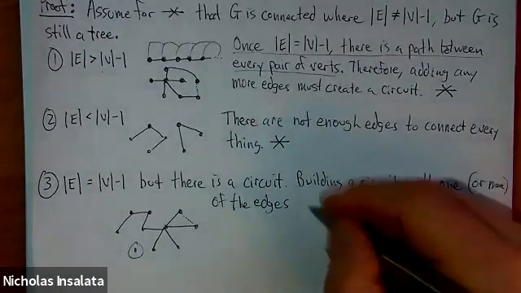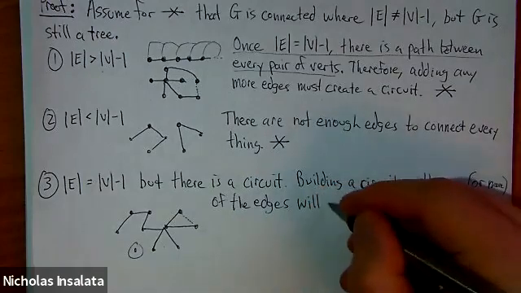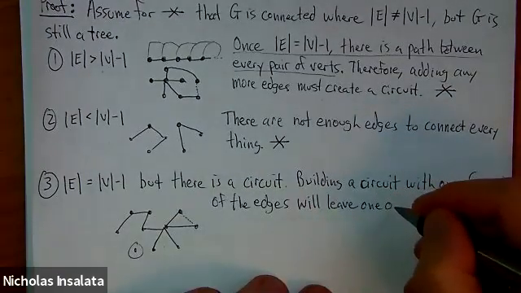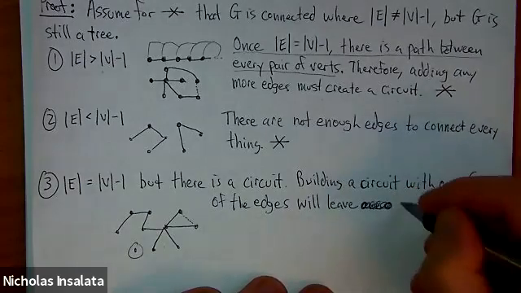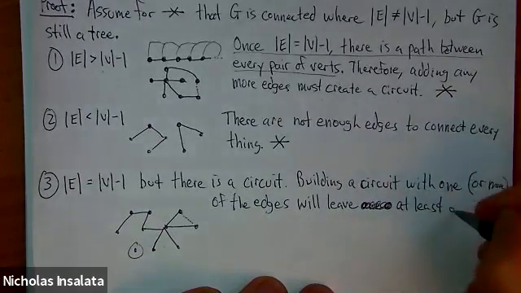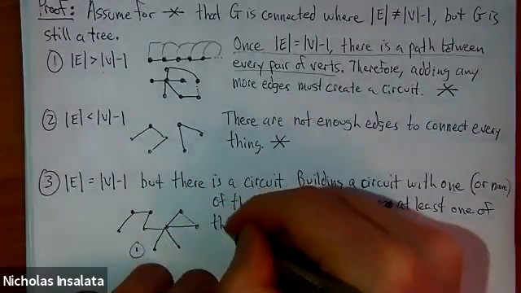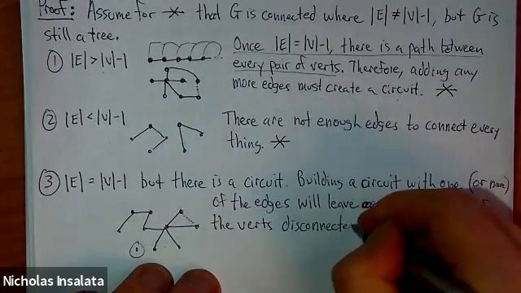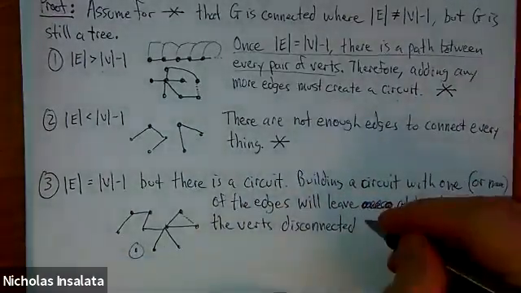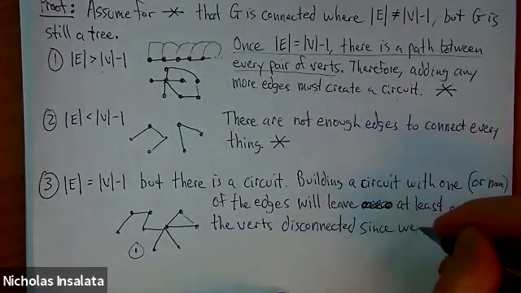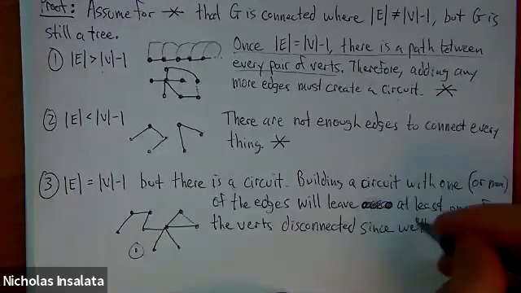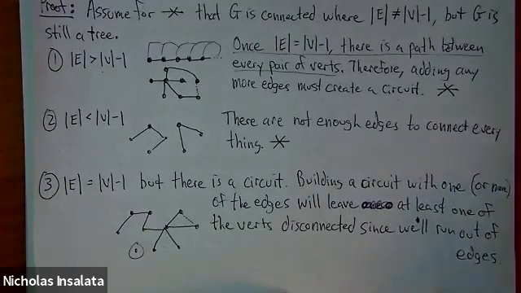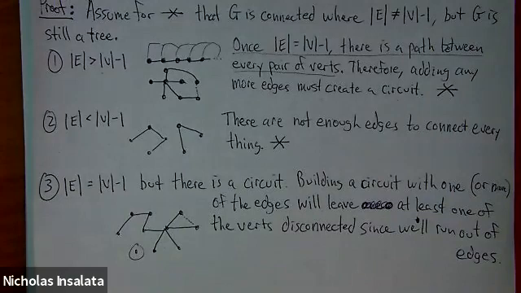So building a circuit with one of the edges will leave at least one of the vertices disconnected because we ran out of edges, right? Yeah? What do you guys think?